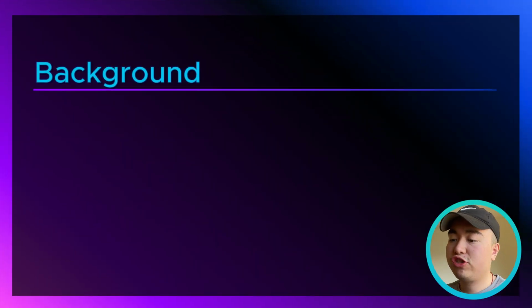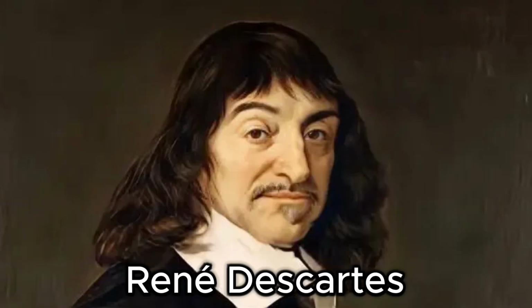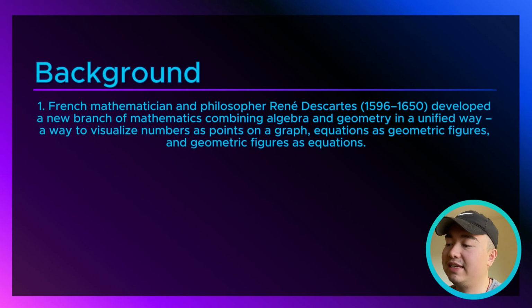So I want to start with a quick background on a French mathematician and philosopher, René Descartes, who was born in 1596 and passed away in 1650. René developed a new branch of mathematics, which combined algebra and geometry in a unified way.